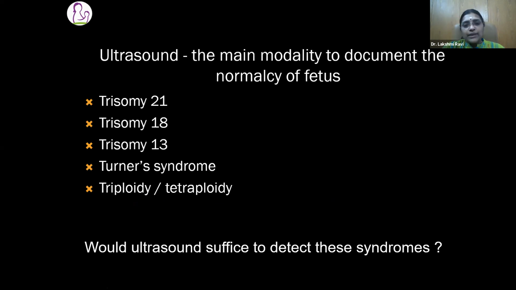And we now know that ultrasound is the main modality to document the normalcy of the fetus. Considering the most common genetic syndromes, it follows with trisomy 21, 18, 13, Turner syndrome, triploidy, tetraploidy. Now coming to the most common question, will ultrasound suffice to detect all these syndromes?